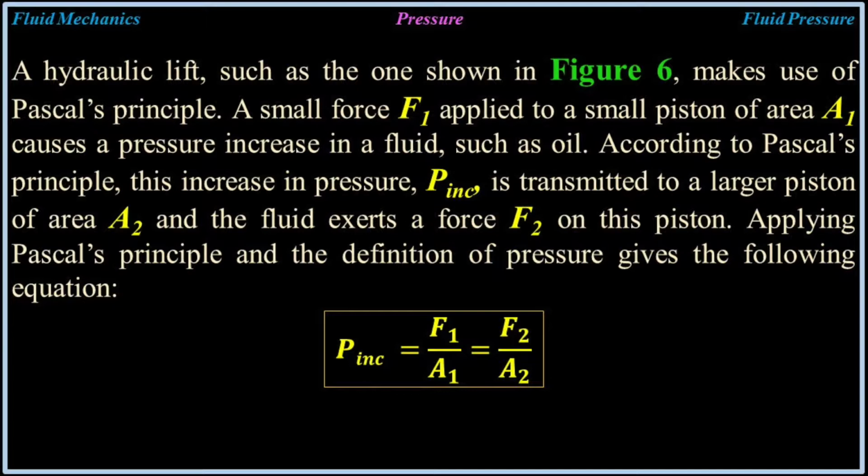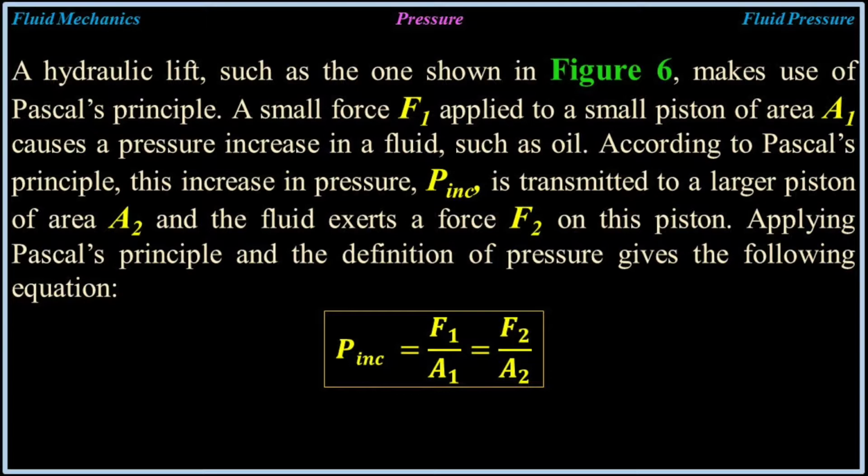A small force applied to a small piston of area A1 causes a pressure increase in a fluid such as oil. According to Pascal's principle, this increase in pressure is transmitted to a larger piston of area A2, and the fluid exerts a force, F2, on the piston.